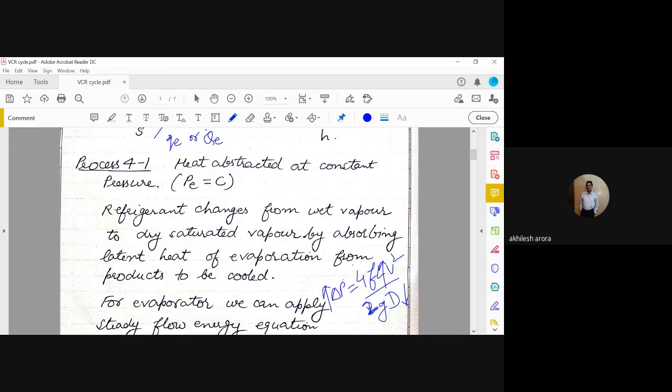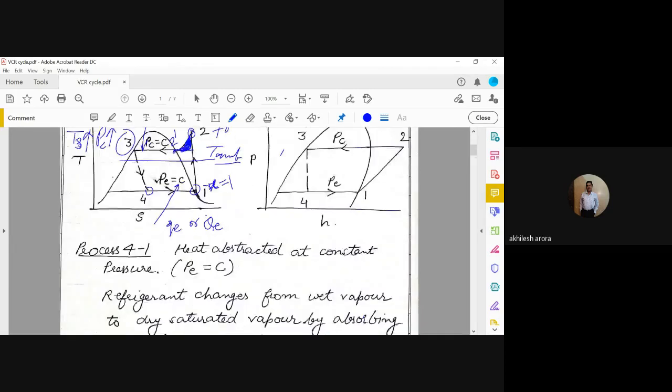Because of this, there will be a pressure drop in the capillary tube, and this will reduce the temperature also, because when the pressure reduces, the saturation temperature also goes down. This is what is happening in an expansion device.